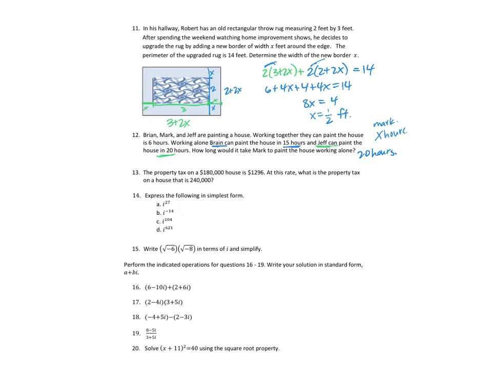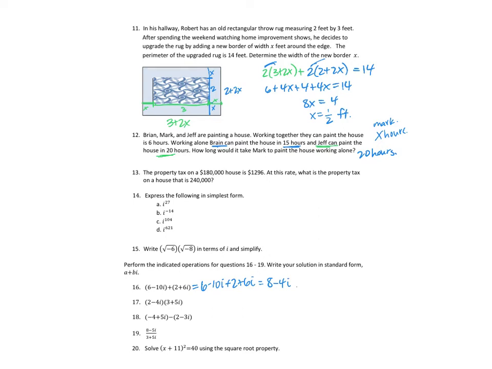Okay, if I want to perform this indicated operation, I'm adding, so I'm just going to drop the parentheses. So I'll have 6 minus 10i plus 2 plus 6i, and then I'm going to combine like terms. So 6 plus 2 is 8, negative 10i plus 6i is minus 4i. There it is in standard form.